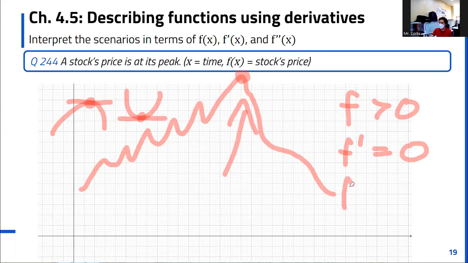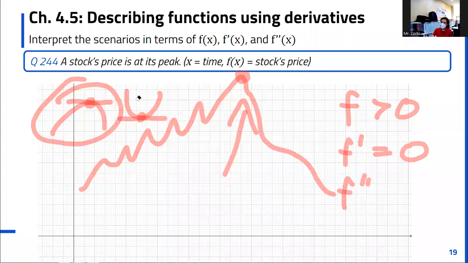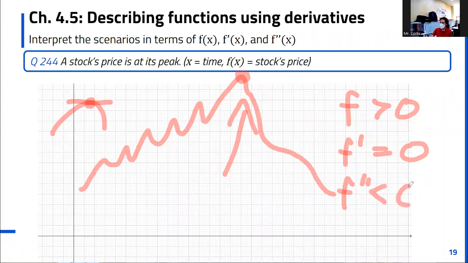Second derivative. At maximum points, we are curving down. We have a concave down pattern. That's the only way that we can get a maximum point. So if we have concave down, that means negative values for the second derivative there.